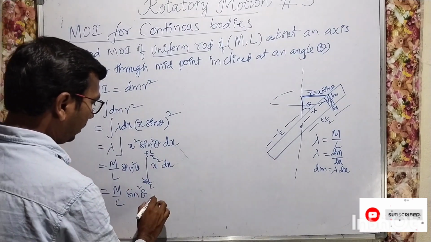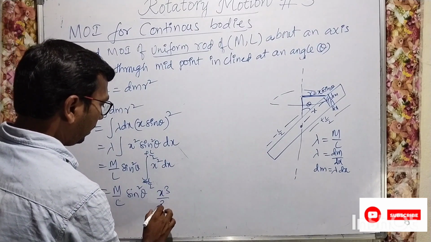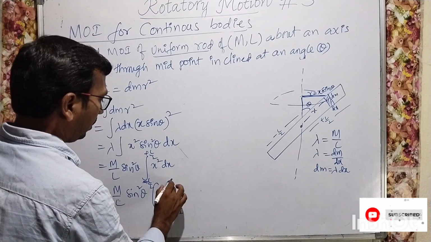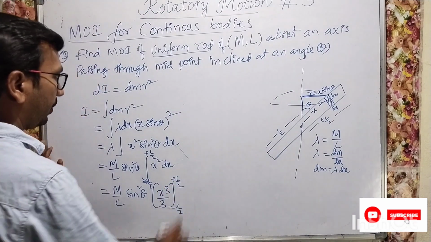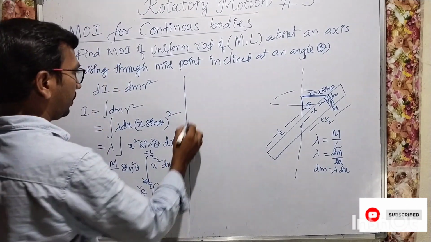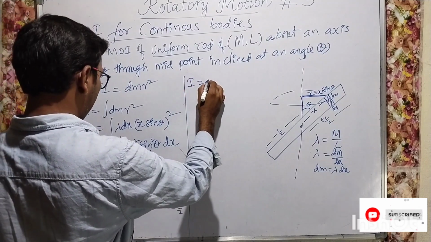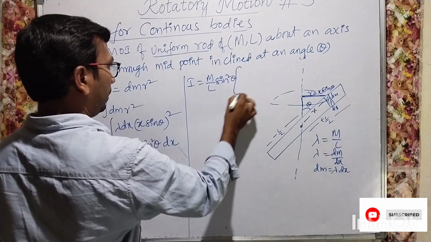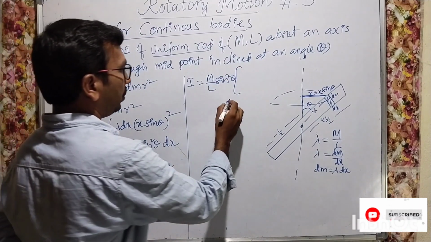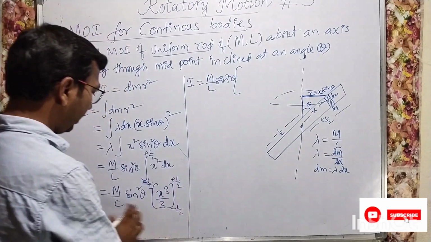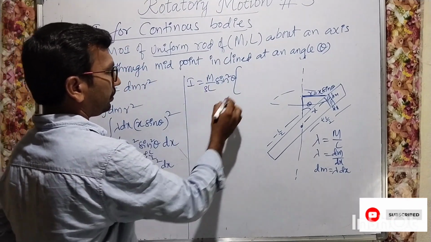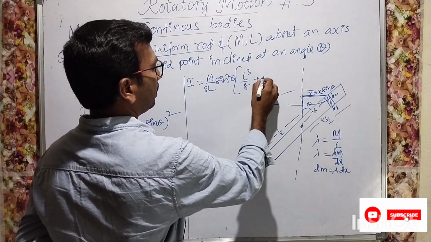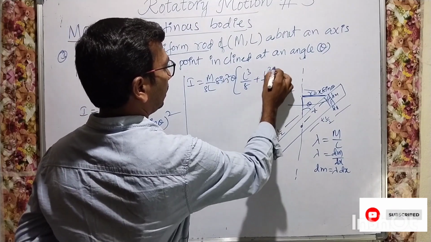So the integral of x square is x cube by 3, from minus L by 2 to plus L by 2. So here I is equal to m by L sin square theta. L by 3 is common, so m by 3 times L cube by 8 minus of minus, plus L cube by 8.